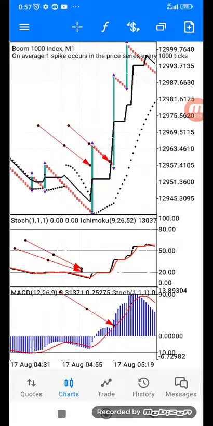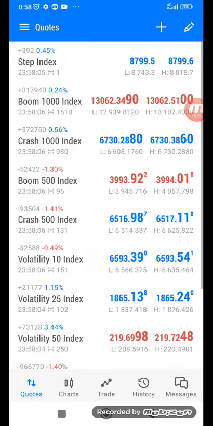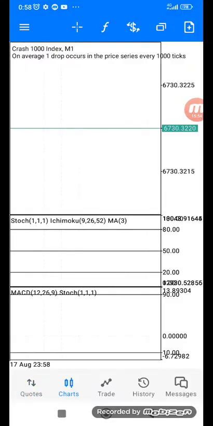And the third step is a retracement, a bearish retracement down to touch our Ishimoku line. Once there is a touch, you don't wait for the candle to close, you open your trade immediately without waiting for a close of the candle. Now let's check crash 1000 to see the opposite side of the signal.